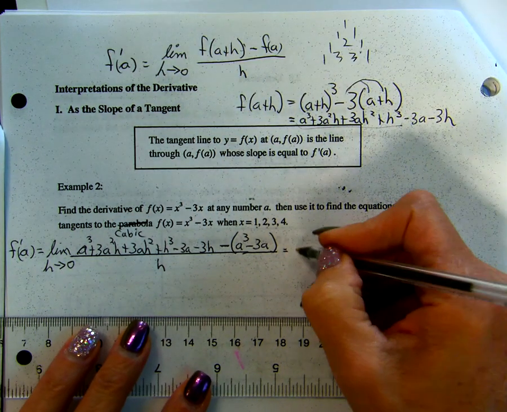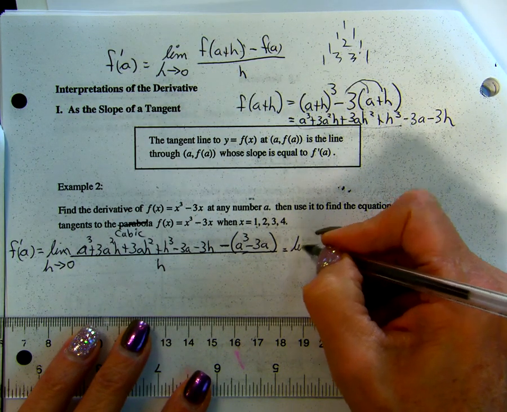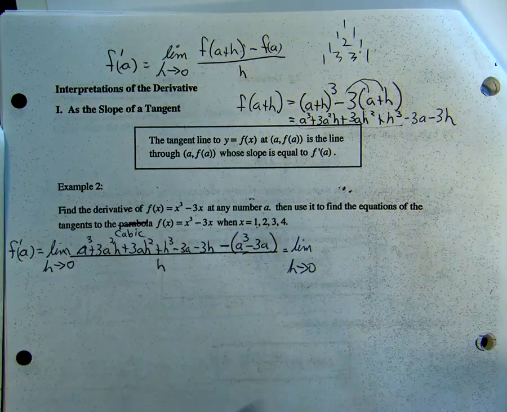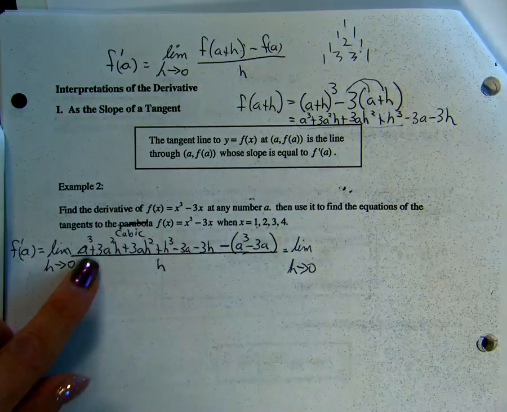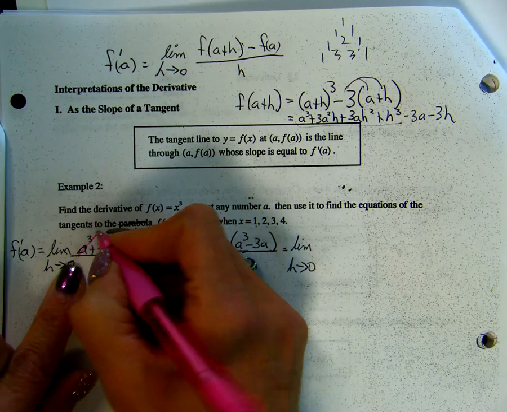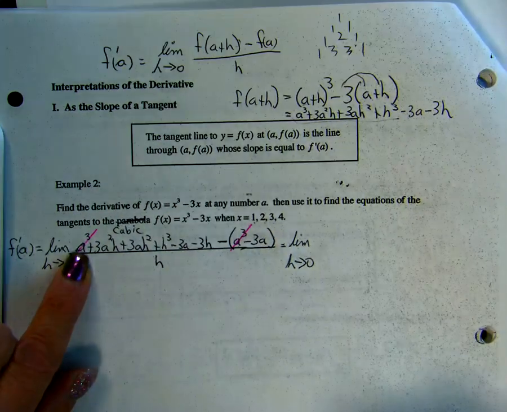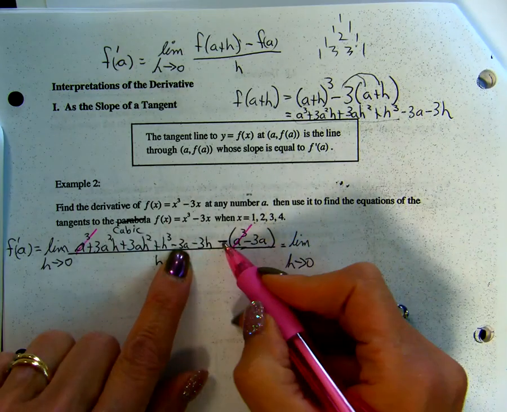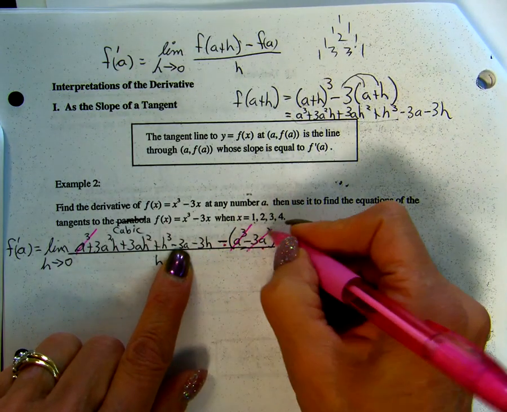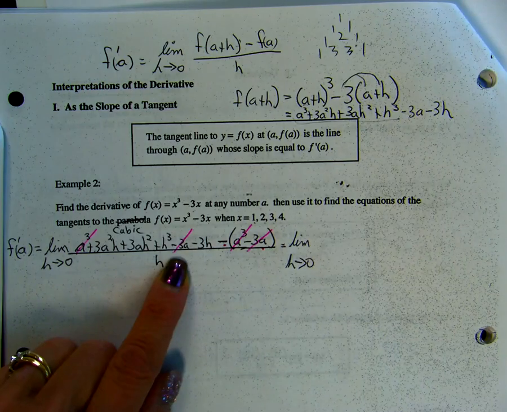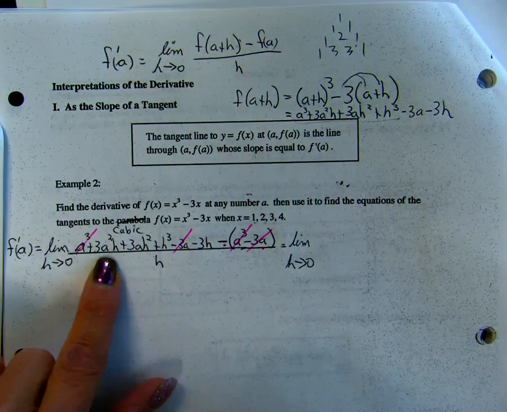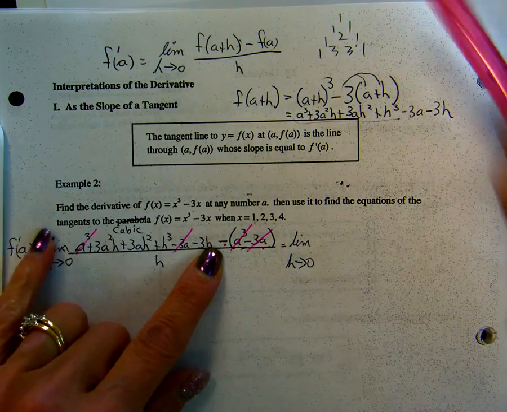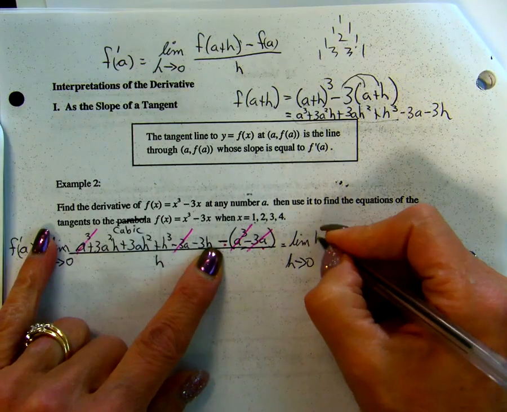Okay, so this is going to simplify quite nicely. So this is the limit as h approaches 0. And let's just on this line do our subtraction. I've got a positive a cubed and I'm subtracting a cubed. I've got a negative 3a and I'm subtracting a negative 3a, which means those are going to cancel. Look at every term left in the numerator. All have a factor of h.